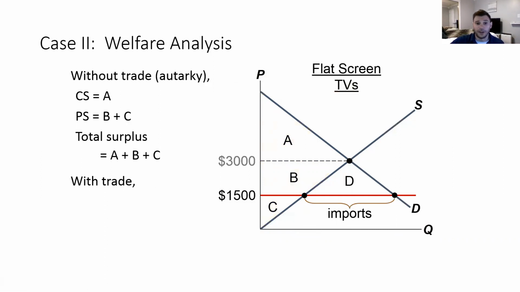then looking at the area above that red price of 1,500, below the demand curve to the left of the quantity demanded, shows that the consumer surplus under free trade in this case opens up and increases to A, B, D. Note that the consumers had A before under autarky, but opening up to free trade allows them to capture some of the producer's piece of economic pie, which was represented by the area B. The consumers also add D to their piece of pie, which under autarky was not being allocated to any agent in the market.